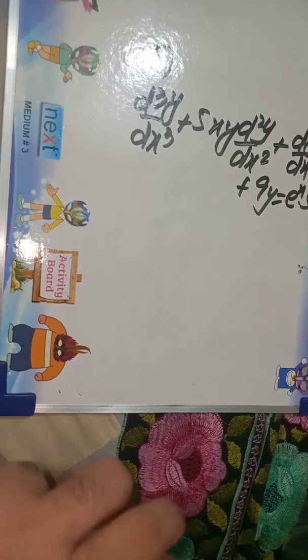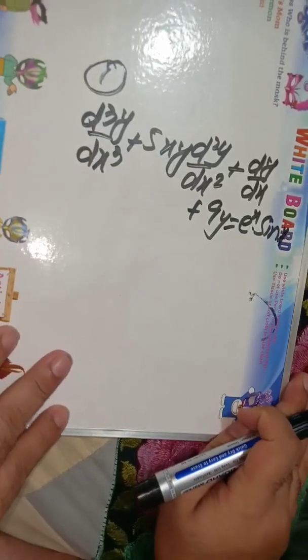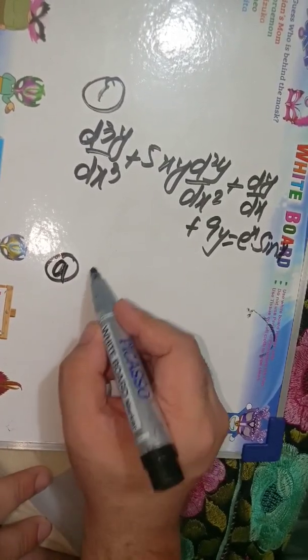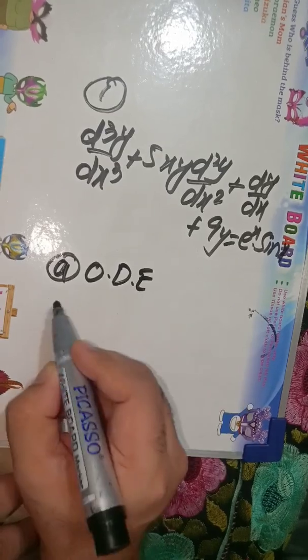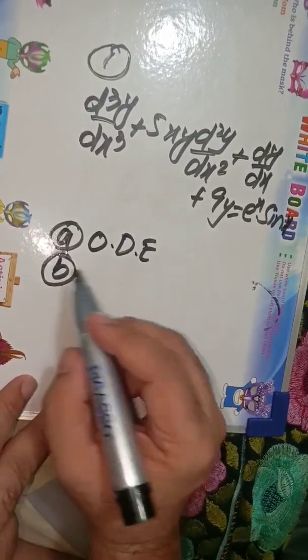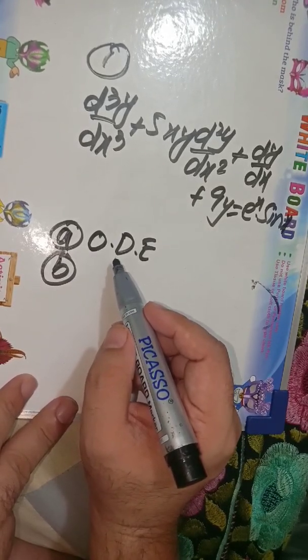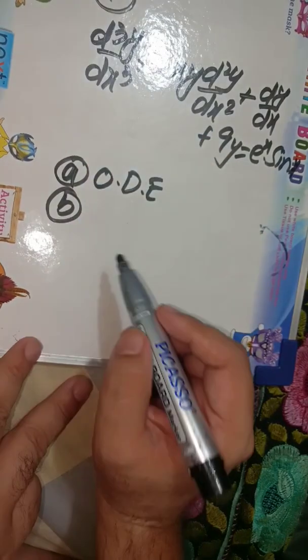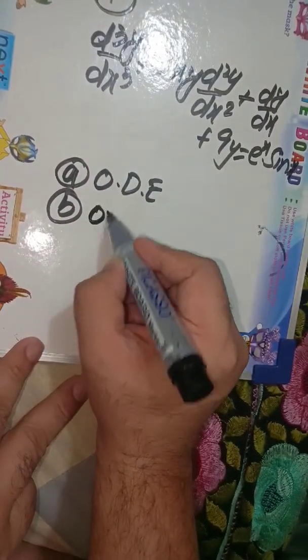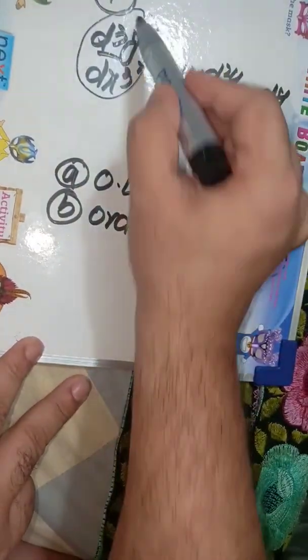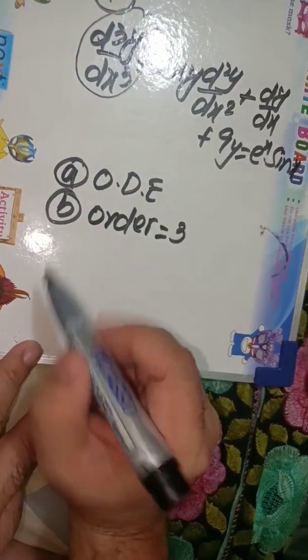Obviously it is a differential equation, and if we write the classification, first of all it is an ODE, an ordinary differential equation. Second, what is the order of this differential equation? The order is 3, the highest order derivative is third order.